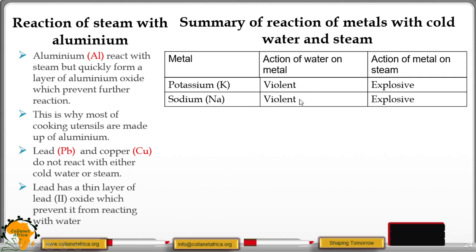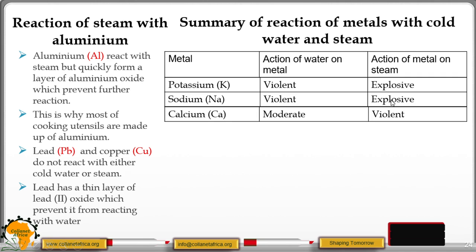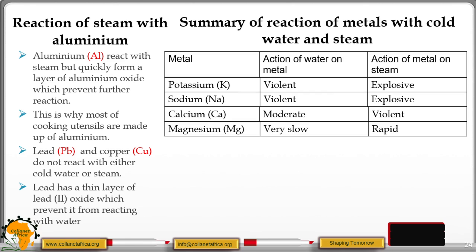Sodium is the same case: violent with water and explosive with steam. Calcium reacts moderately with water and violently with steam, and that's why these three metals are not advisable to experiment with using steam. You cannot just take potassium and react it with steam. That reaction may be very dangerous in the lab.